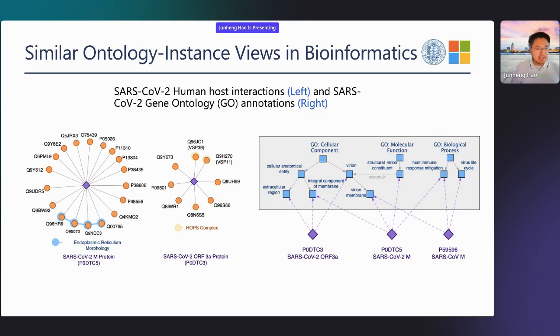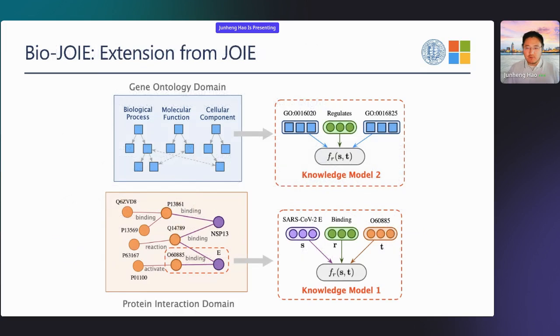One example that we have tried is in bioinformatics, where we connect the proteins to the gene ontology annotations, with a very similar two-view framework to connect the proteins to biological process, molecular function, and cellular component annotations. This is also far from the real complexity of what happens in the metabolism in our body, but it's a simplified configuration of a protein and its annotation, to better help predict protein-protein interaction type.